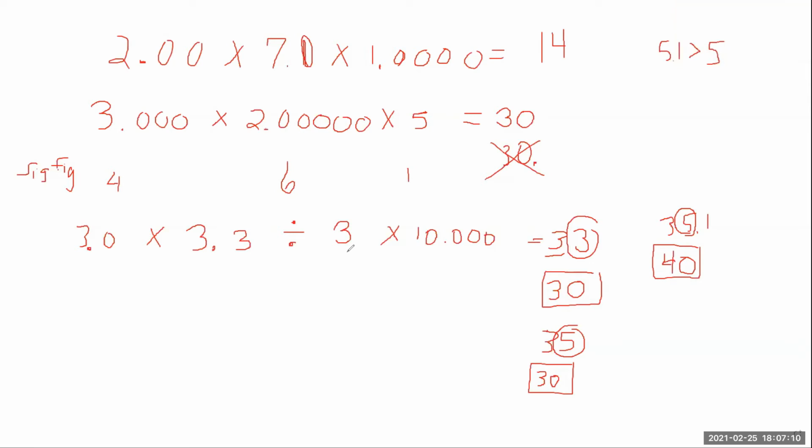So if the answer was 33, we use the 3 to determine whether we round up or round down. Is 3 greater than 5? No. So we're going to round down to 30. If it was 35 exactly, 5 is that breaking point. What do we do?